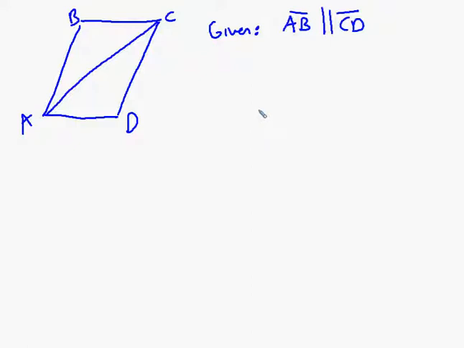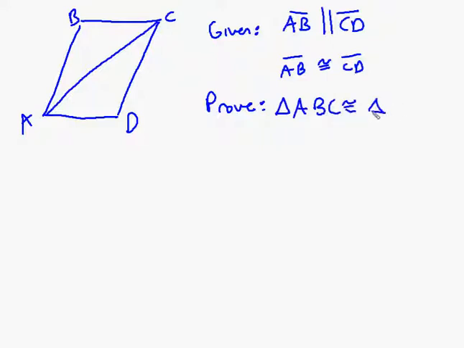Segment AB. Here, I'll go. Okay, there's our givens. We're going to prove triangle ABC is congruent to triangle CDA.